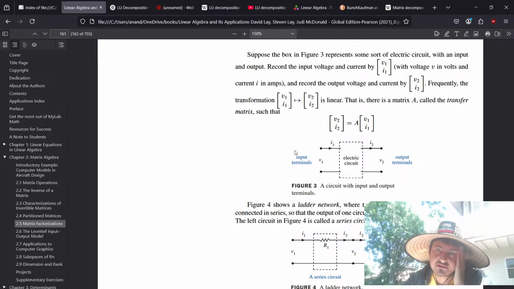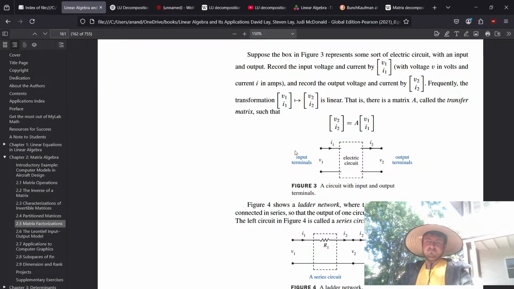Record the input voltage and current, and the output voltage and current. Frequently, the transformation is linear, and there's a transfer matrix.